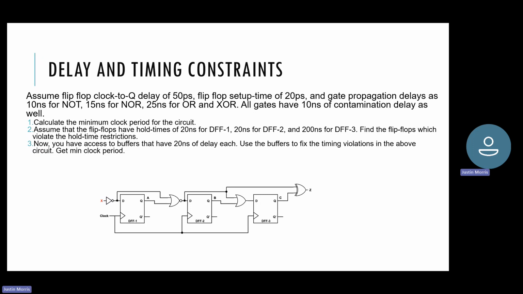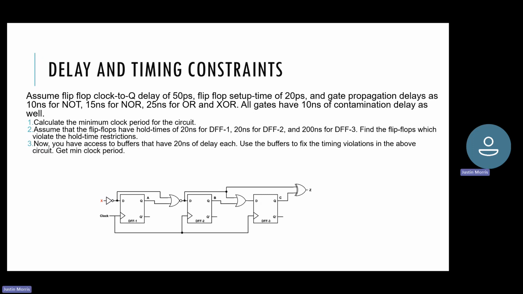So 50, 15, so 65, plus 25, so 90. Okay, so that's longer: 90 versus 50. This one is the longest path, from the Q output of flip-flop 1 to flip-flop 3 inputs, all in that path.